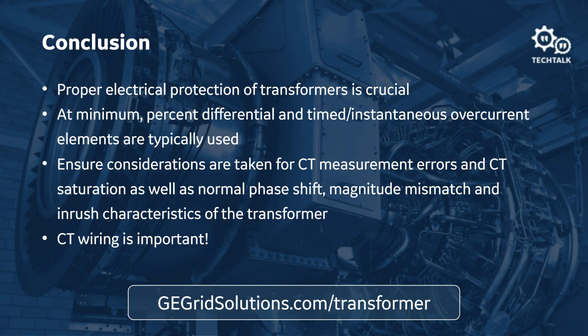That causes a cyclic expansion and contraction of the core laminations, which is what produces that audible hum. I believe that's called magnetostriction. Usually the frequency of the hum is twice that of the system. So here in North America, when you walk by a transformer, you usually hear a 120 hertz hum.